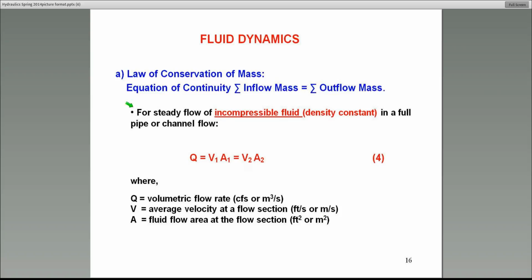So for steady, incompressible fluid, which is the density being constant like water, both in a pipe or in an open channel system, this law of conservation of mass is stated as Q, the flow rate, is equal to V1A1 equals V2A2, where V1 is the average velocity at a section where the cross-sectional flow area is A1, and the same thing is on the right-hand side, V2A2, at another cross-section.